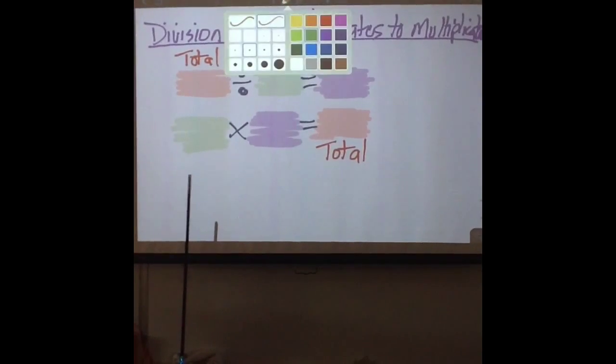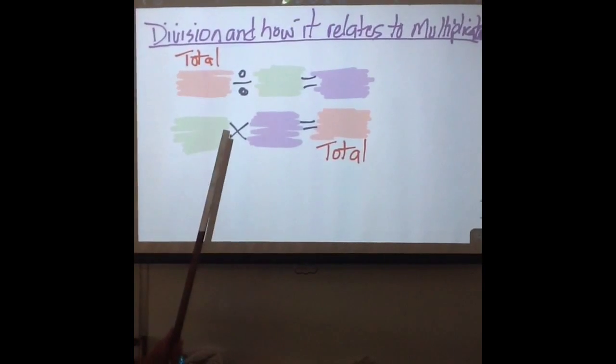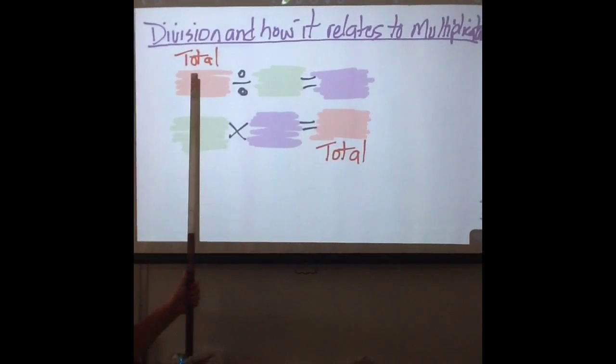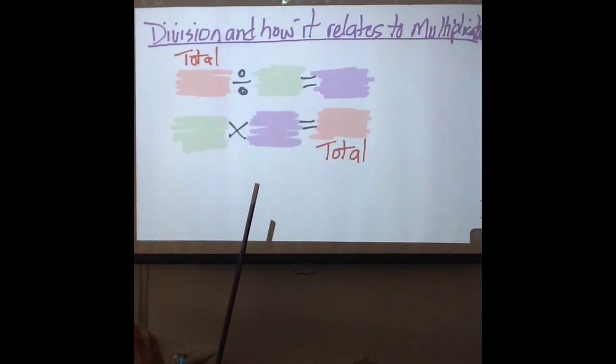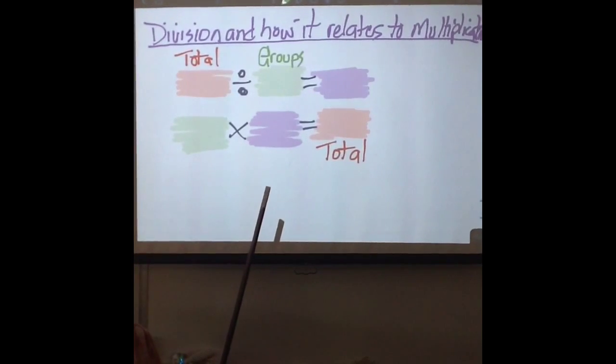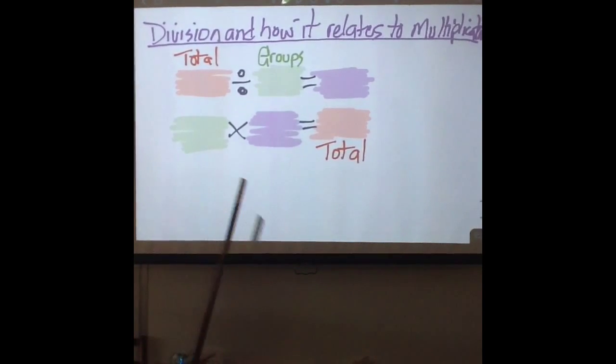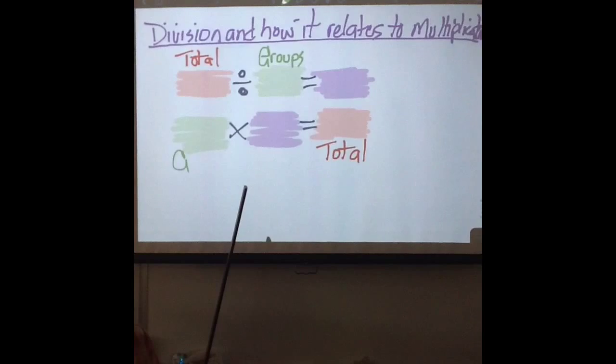Now, let me change colors. We have our total, and then in our green box, we're going to have groups. And so down here, what do you think this is? That's right, it's groups.